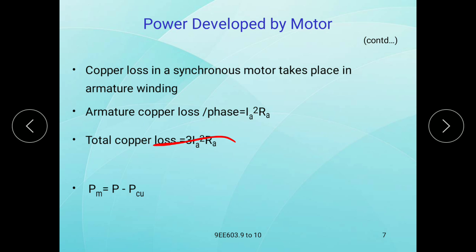Here the motor power Pm is equal to P minus Pcu. That means input power minus copper losses gives the motor power.